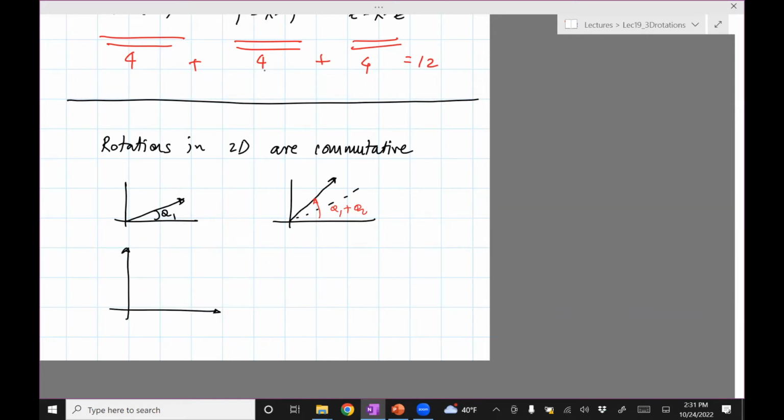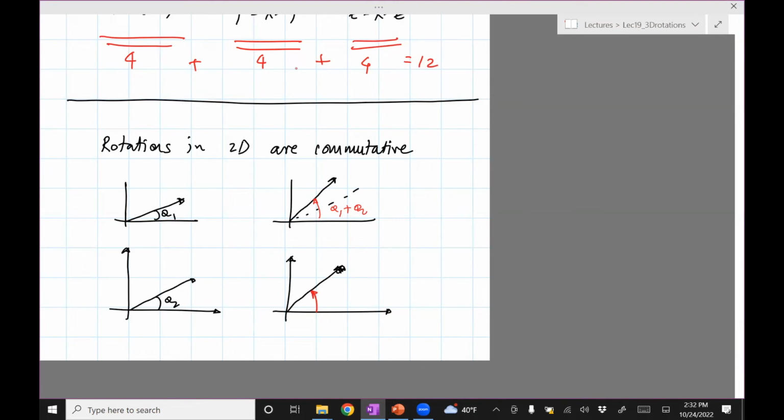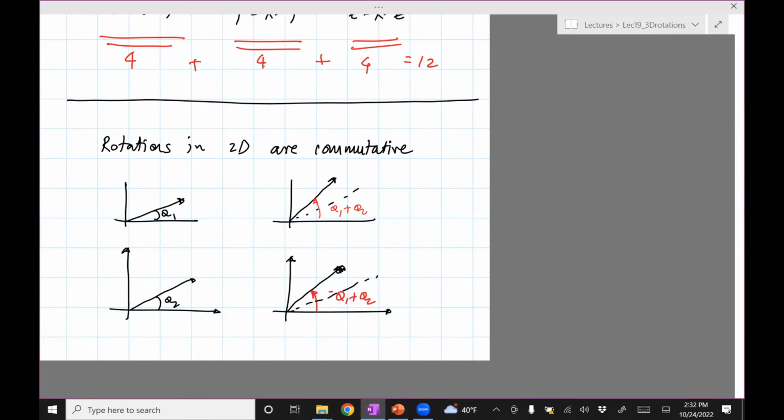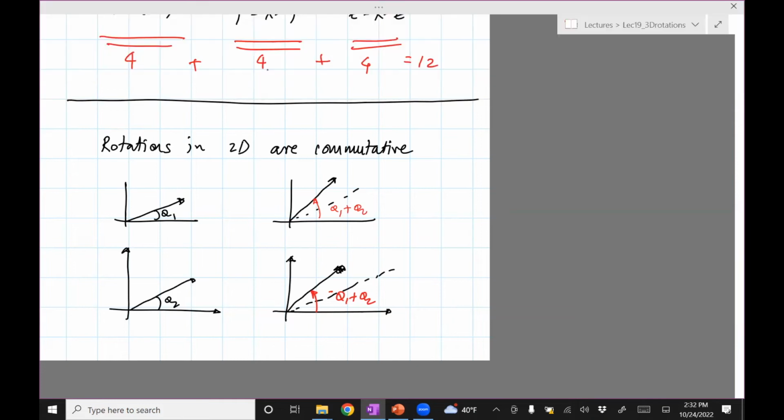If you start with θ2 and then rotate by θ1, you still end up with θ1 plus θ2. So that is commutativity, which is very obvious from just drawing a figure.